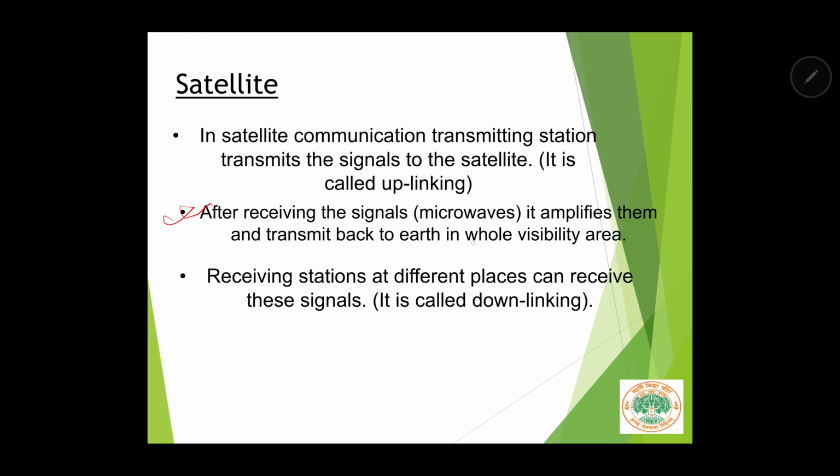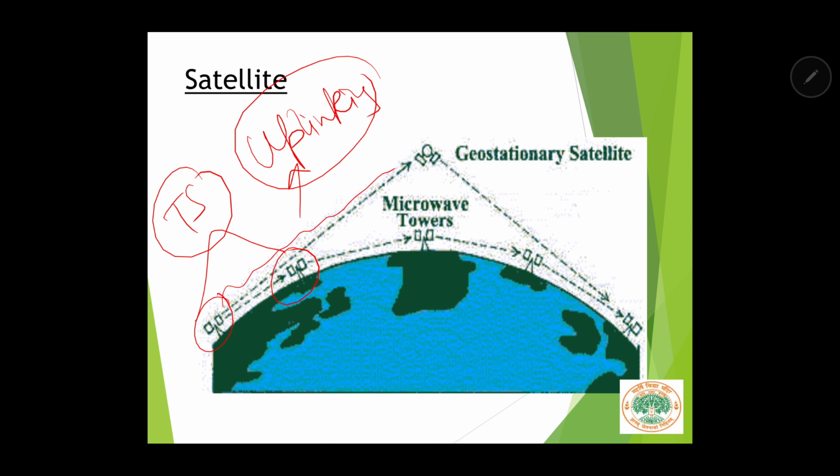After receiving the signals, it amplifies them and transmits them back to the Earth in the whole visibility area. After receiving the signal, what will the geostationary satellite do? It will amplify the signal, meaning it will process the signal and then retransmit it to the Earth's surface. And this phenomenon is known as downlink.